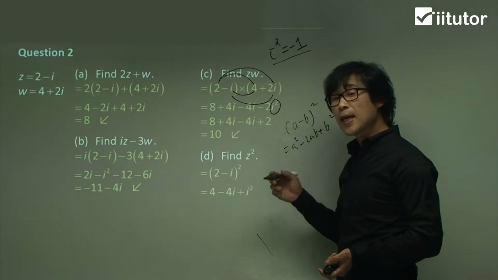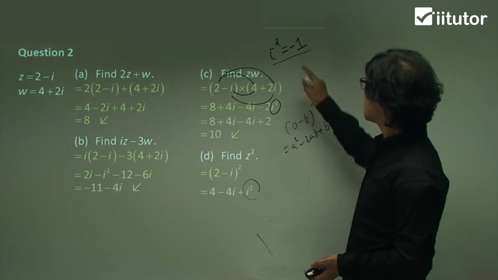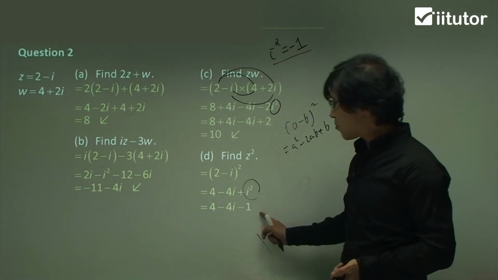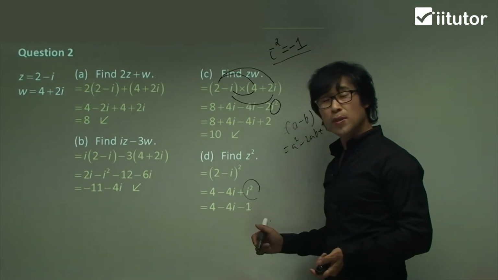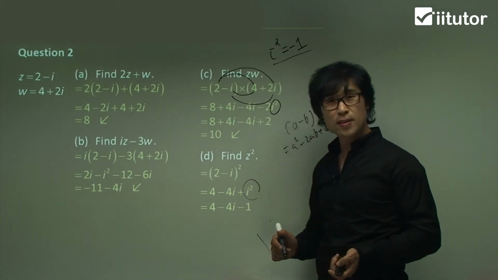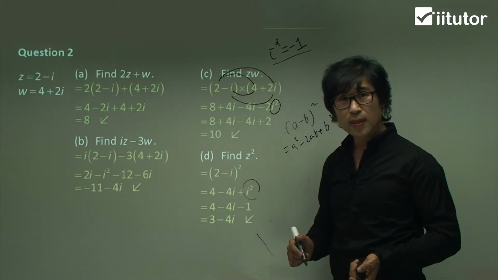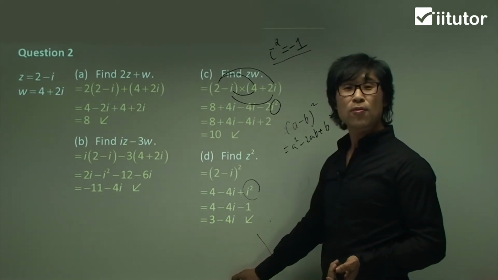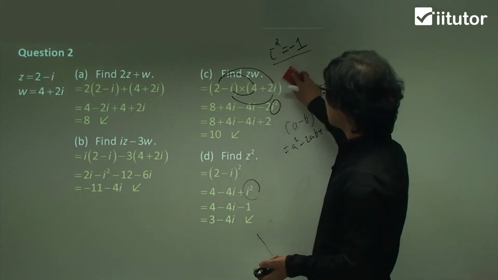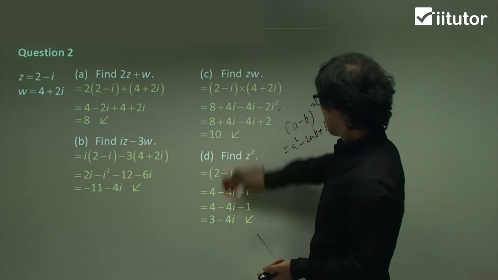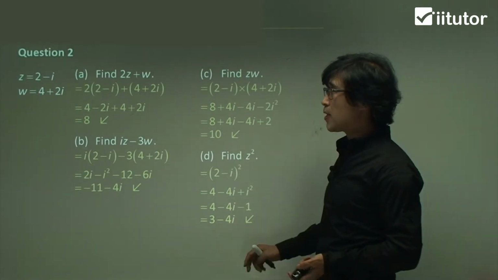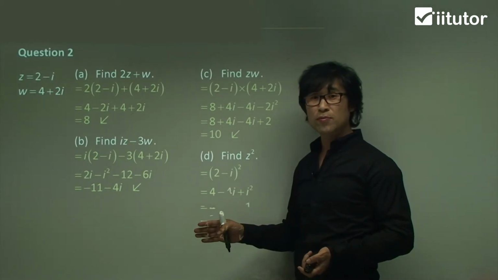Again, i squared equals -1. Substitute in, then negative 1. So 4 minus 1 becomes 3. So 3 plus 4i is the final answer. Okay? How do you think? Do you feel scared? I don't think anyone gets scared because that's simple algebra. So nothing special. It's just i squared equals negative 1 that resolves most of the questions for you.